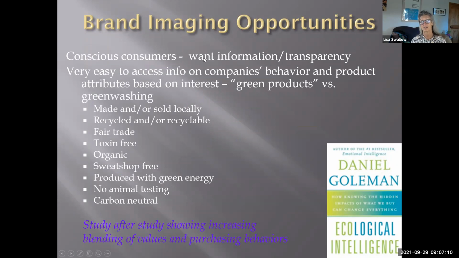But with that comes, they're data driven. They want information on the product. They want transparency. They want to be able to find information. So if I'm truly a conscious consumer, and I mostly shop at secondhand stores for my clothes, but I'm really looking for a high grade wool sweater for the winter, I'm not just going to go with a label that's like, oh, hey, I'm green.